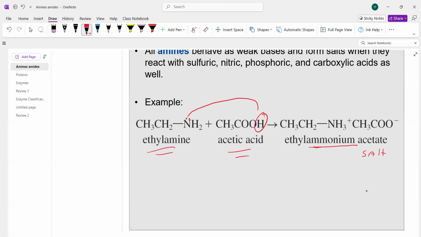So to name this, this would be the ethylammonium, and this is the salt from the acid. Now this could be acetate or ethanoate, either one. Acetate is the common name coming from acetic acid, and of course, this would be ethanoic acid.